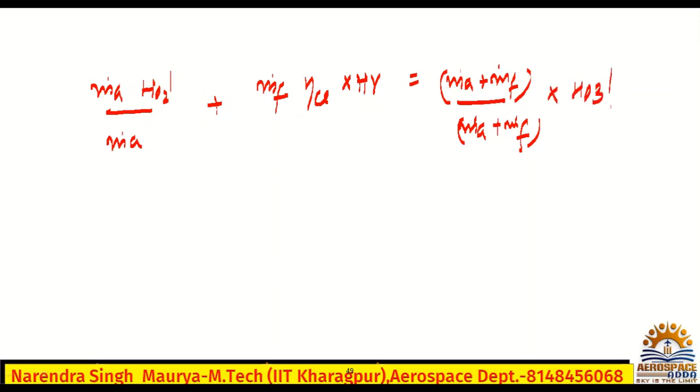If you check the unit, all components will have megajoule per second. All right, now check. M dot a and m dot a cancel out.